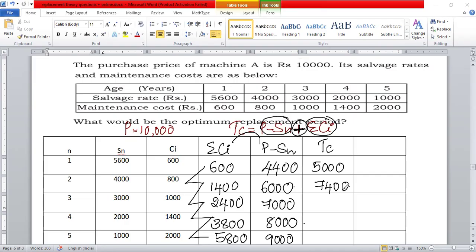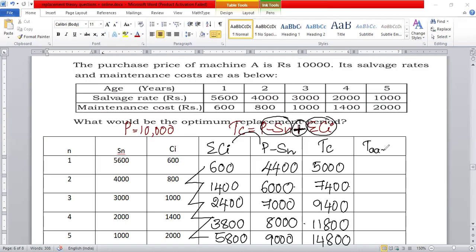Then 7,000 plus 2,400 is 9,400. 8,000 plus 3,800, so 11,800. So 9,000 plus 5,800 is 14,800. Okay, this is over.